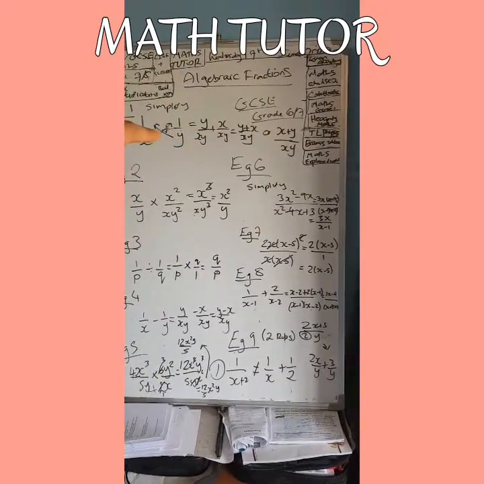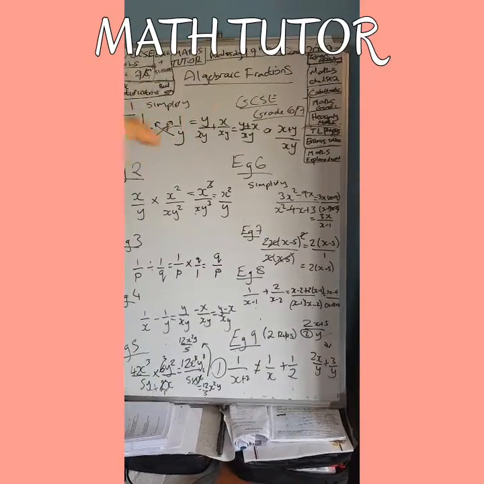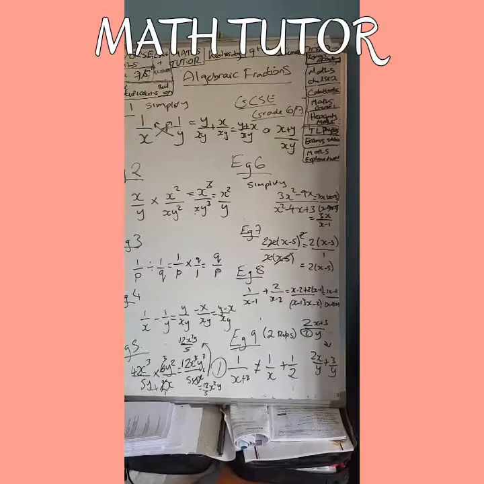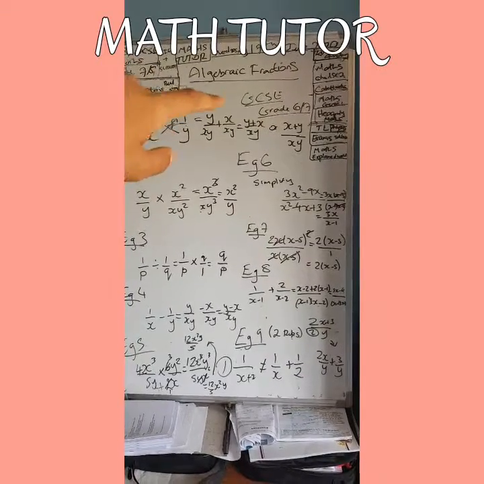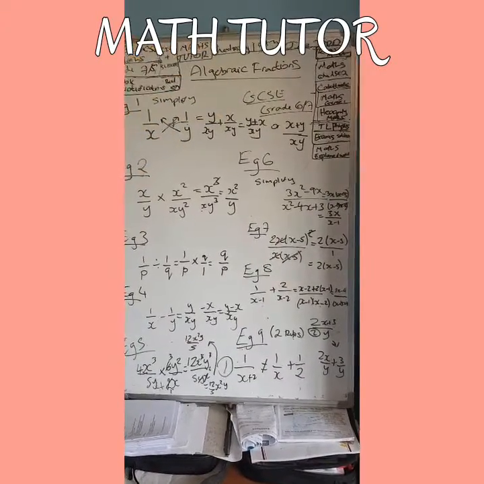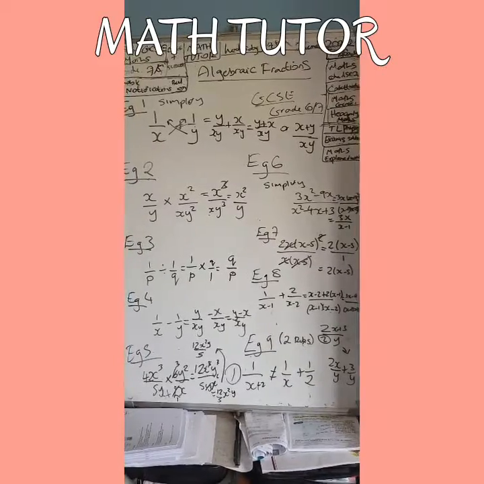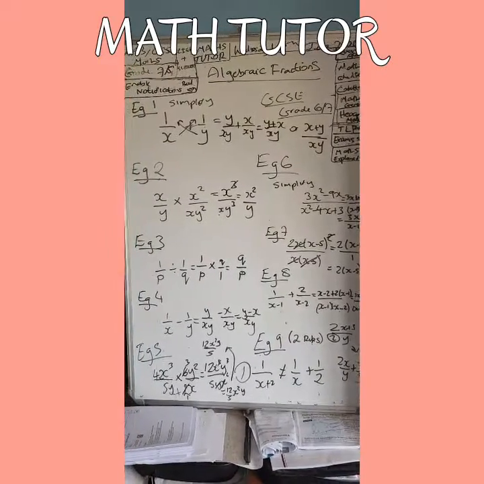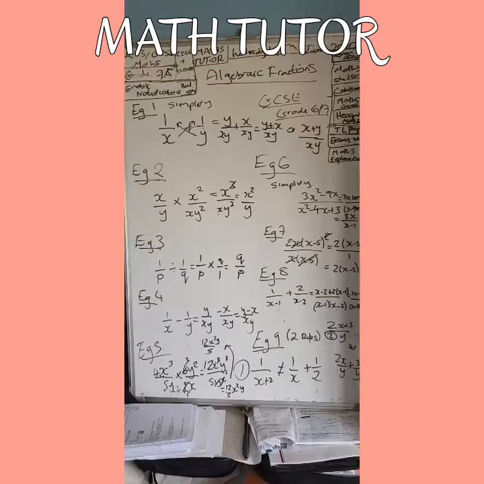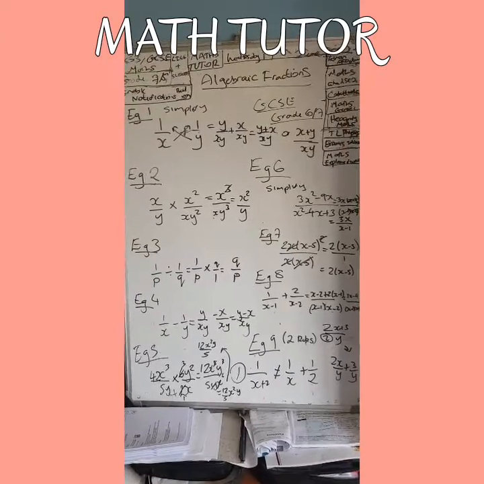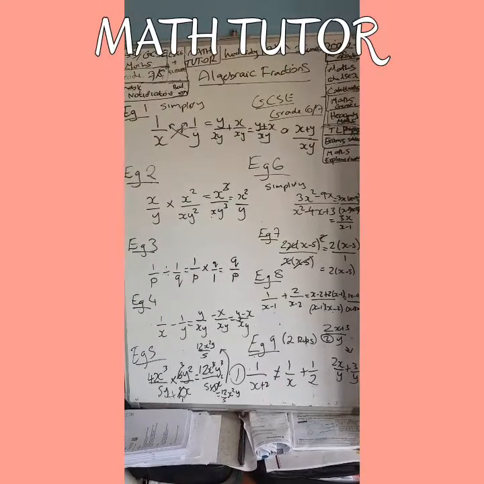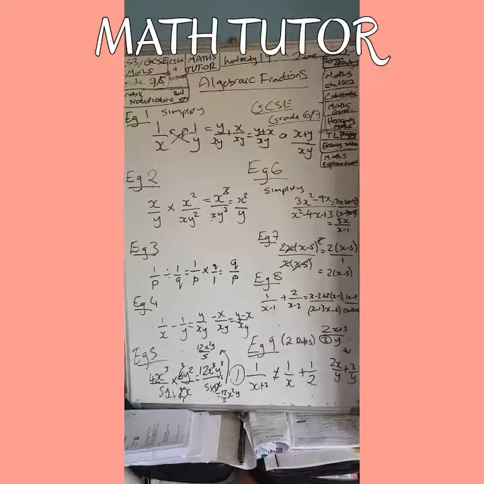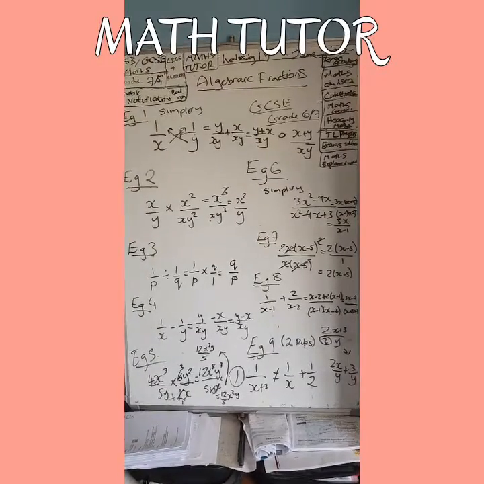So y times 1 is y, x times 1 is x. My answer is y plus x over xy, or just x plus y over xy. If it's different denominators, I have to find a common denominator. If it's the same denominator, I will just add my numerators together.